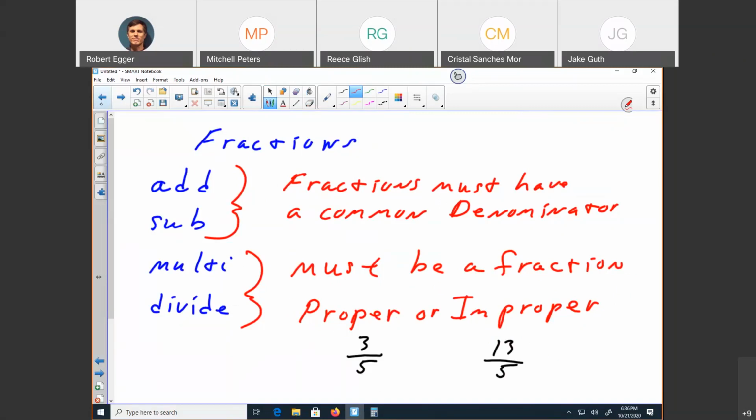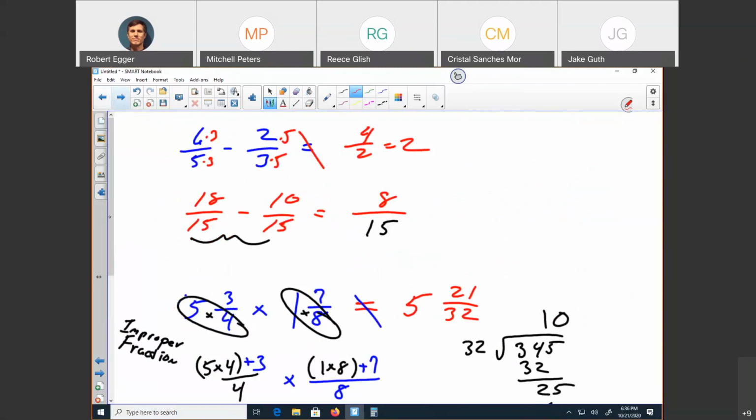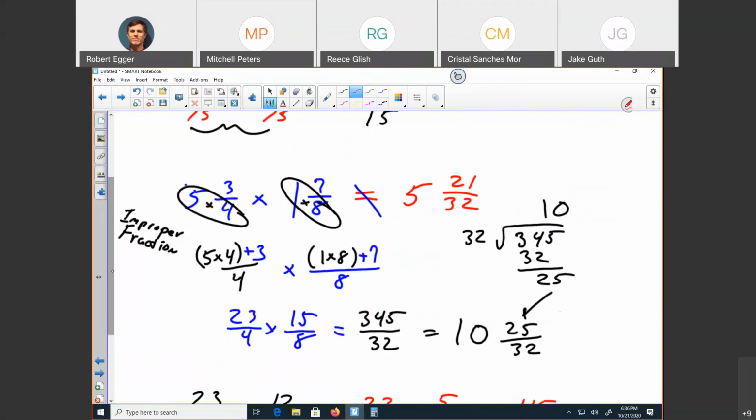And multiplying and dividing, you've got to have them in fractional form. So if we're given mixed numbers, we've got to turn them into improper fractions. And try to refrain from using the fraction input on the TI-30, whatever.